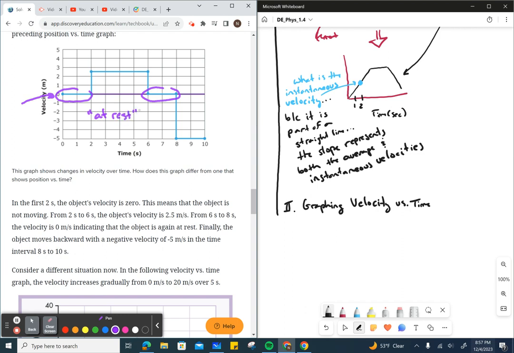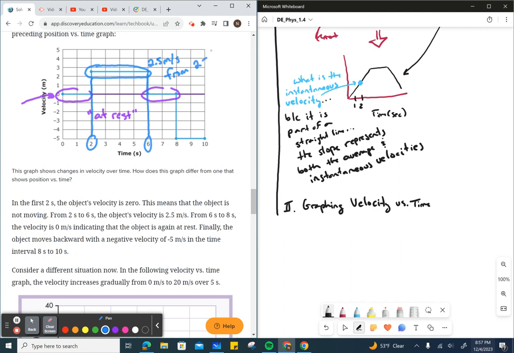Okay. Now, what about, let's take these colors here, from 2 seconds through 6 seconds here, the velocity is 2.5 meters per second. From 2 to 6, right, because that 2 is up there and that 6 is up there.